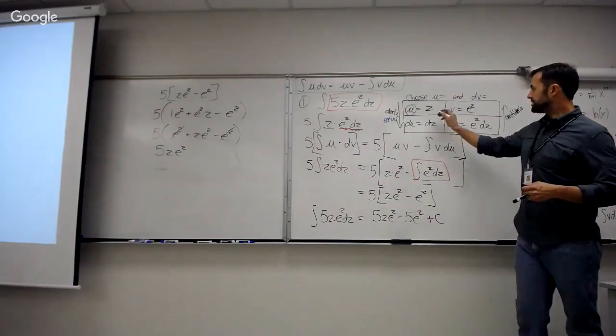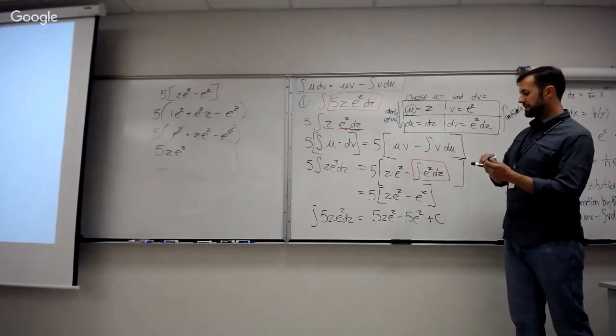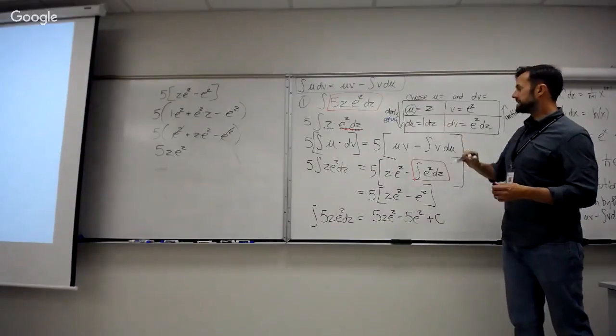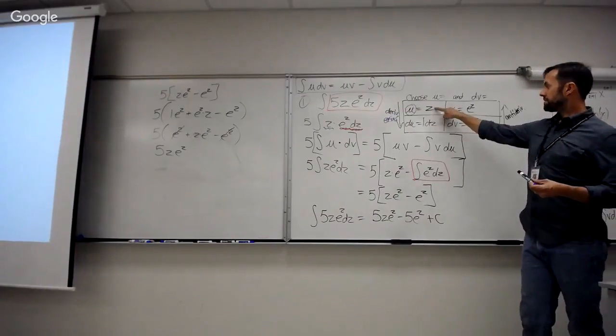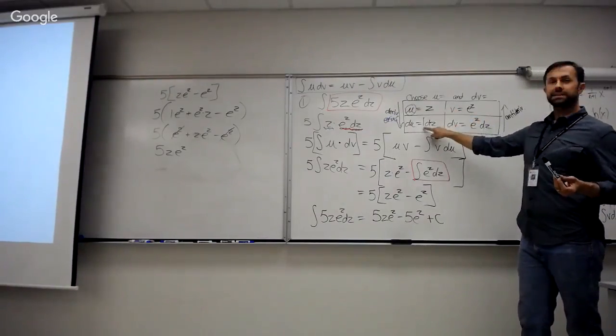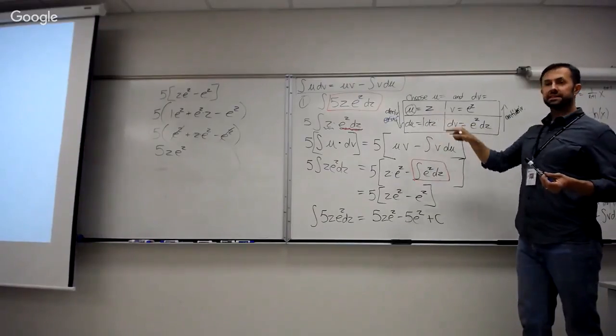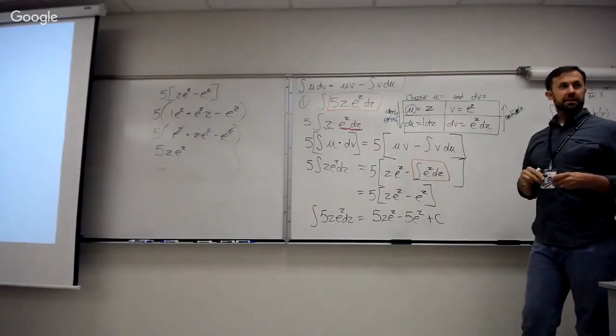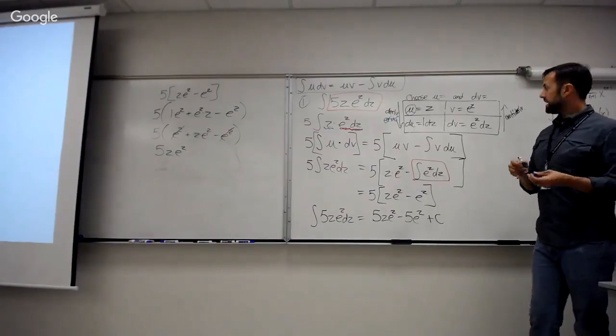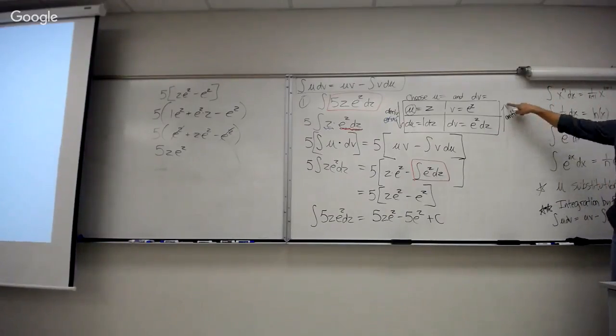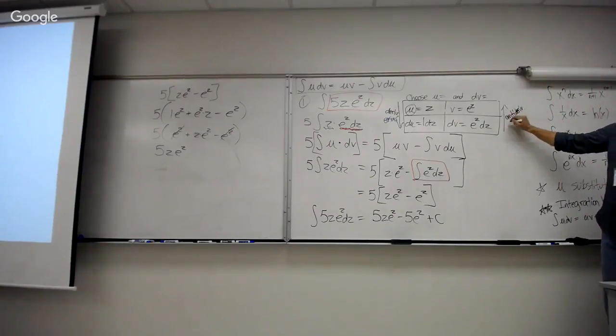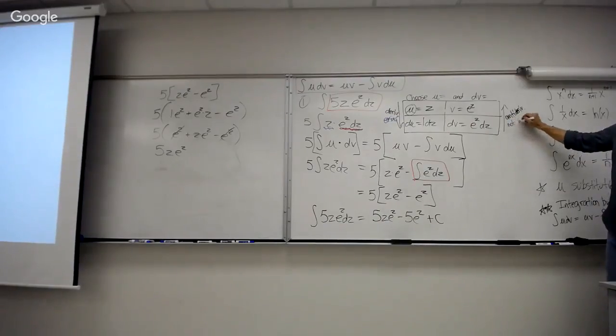Would you say that z becoming a 1 is easier? The derivative of z is just 1 dz. Is 1 easier than z? I mean, is it less complex? It is. And then on the other side, when you do the antiderivative, you need it to get not worse.